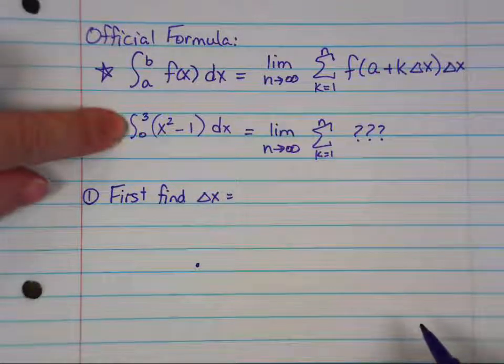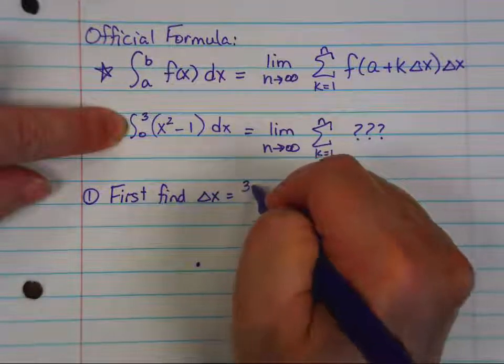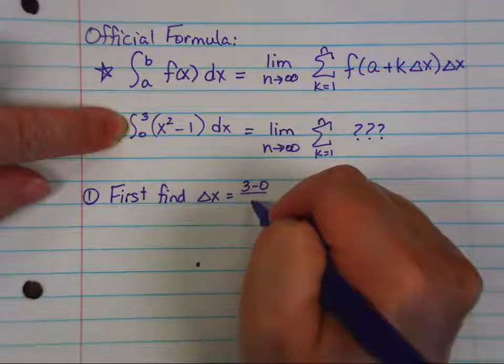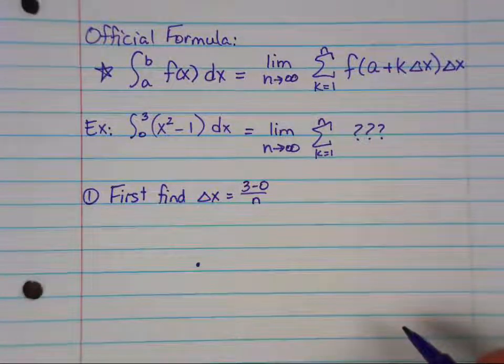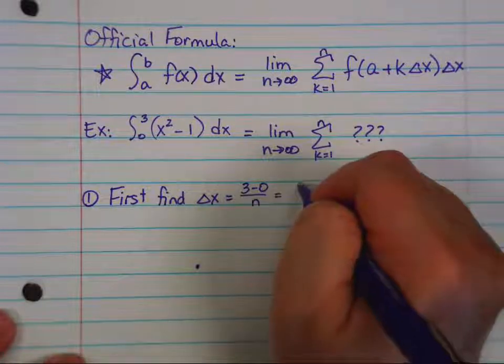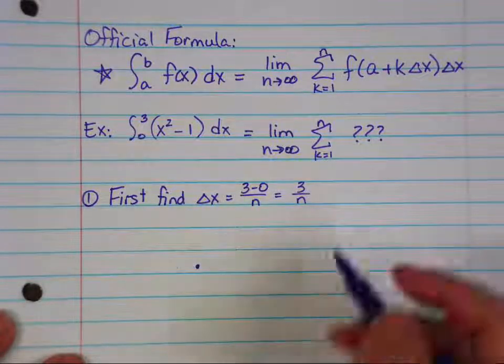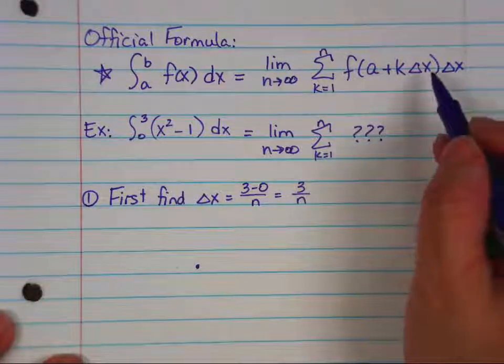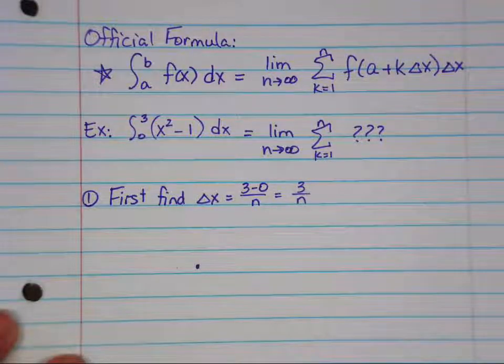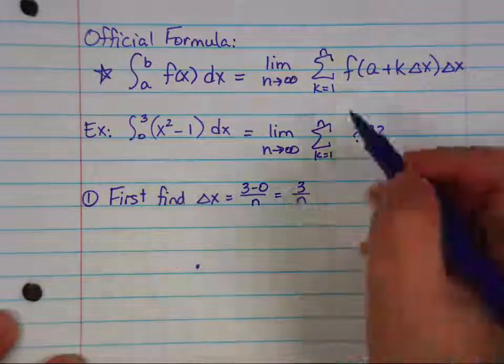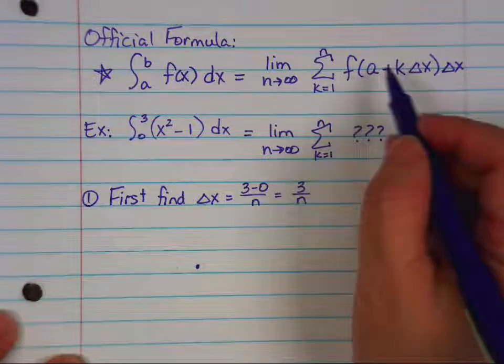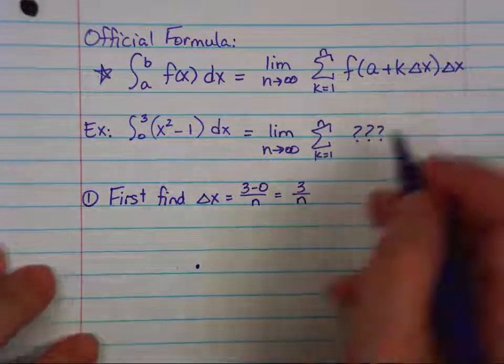They're right there staring you in the face. So 3 minus 0 over N. N is going to be infinity eventually. So this is 3 over N. There's delta X. So when you go to write this side, you're going to put 3 over N where both those delta X's are. Okay? K is going to stay K. Now we got to figure out the rest of this stuff.